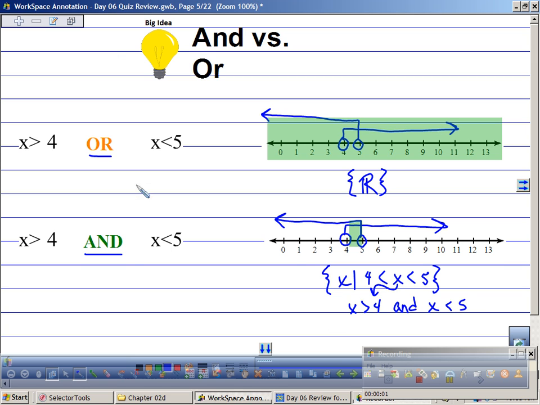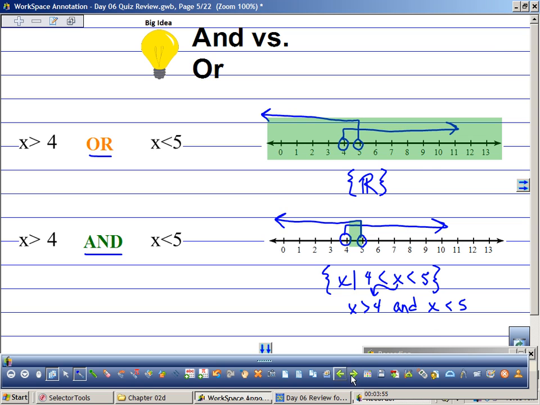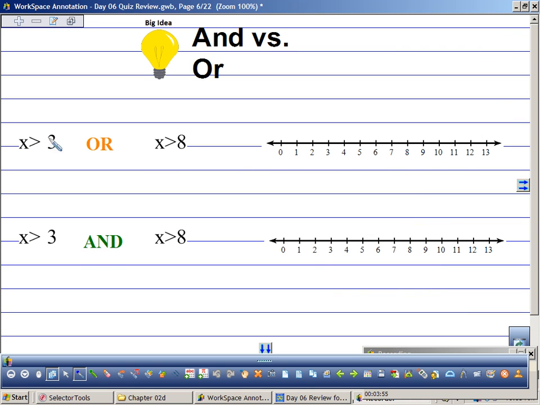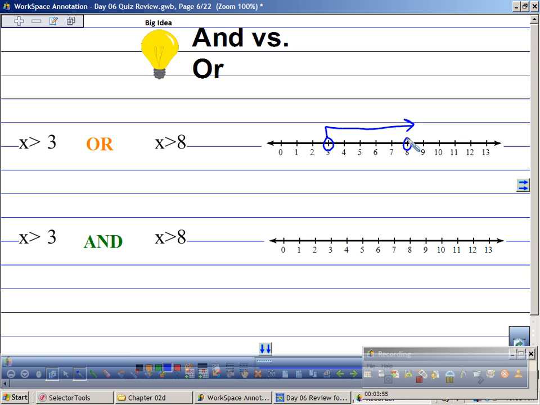All right, questions on this, other than that one? Awesome. X is greater than 3, or x is greater than 8. Cleaned their room or did their homework.